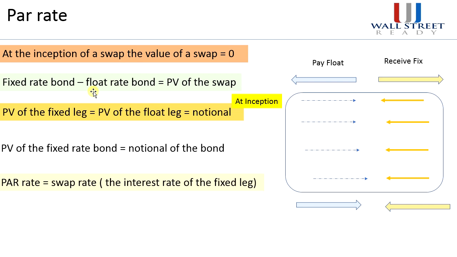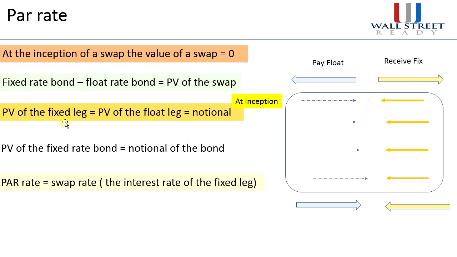So if the present value of the floating leg equals its notional value, and since we know that at inception the value of the swap is 0, these two values should be equal at inception. If the floating rate bond's value equals its notional, that means the fixed rate bond should be equal to its notional as well. So that's what I'm showing here.